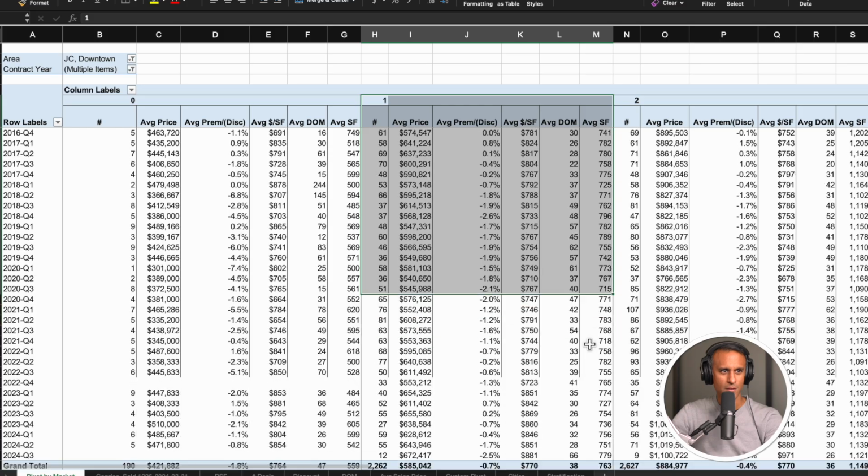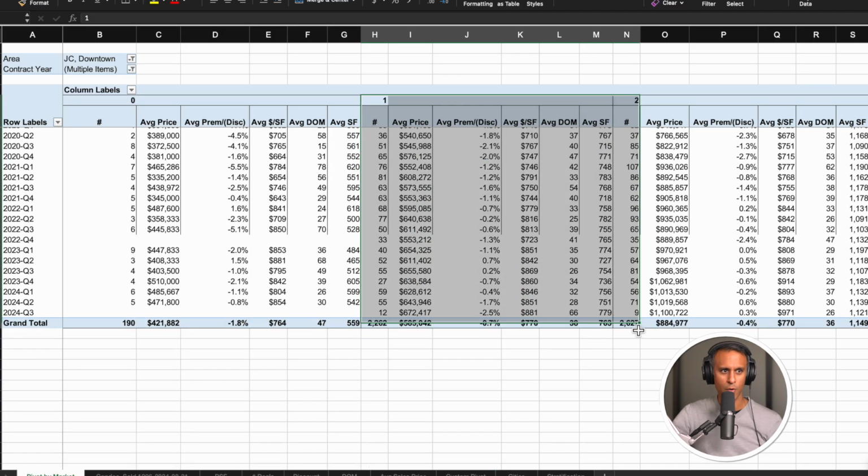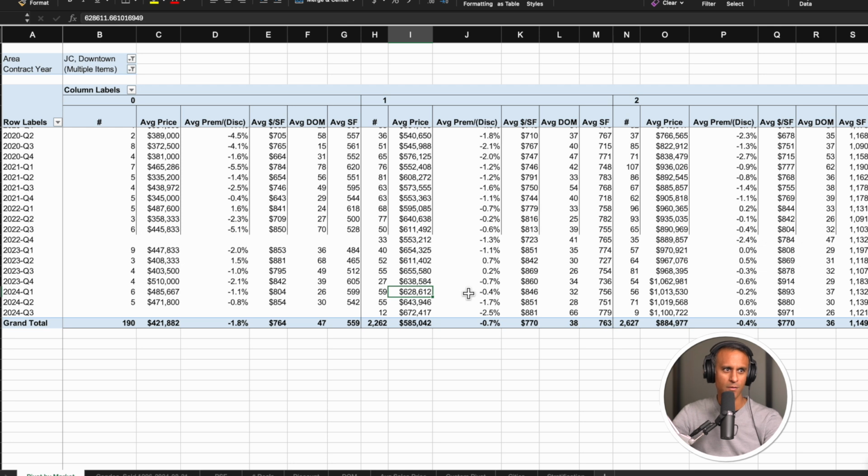This is the MLS data broken up. It shows me, for one bedrooms in downtown Jersey City, how many sold in the second quarter, first quarter? What was the average price? Did it sell at a premium or discount to listing price? Dollar per square foot, days on market, and what was the average square feet of those units?